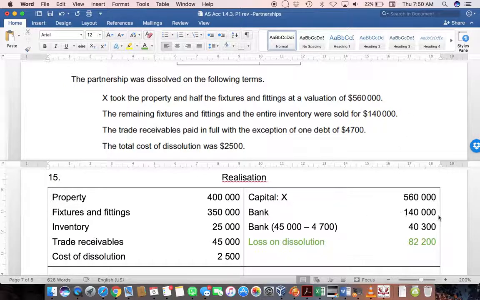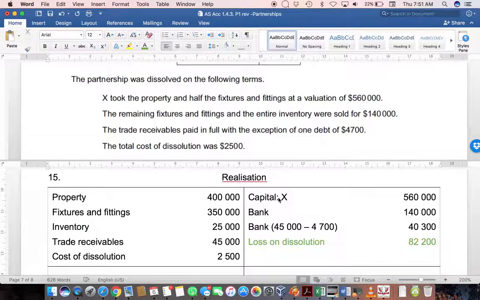We are then told that we receive cash of $140,000 for fixtures and fittings, so we can show in here bank $140,000, and then we are also receiving money for our receivables, and so we'll show in the amount that we received.